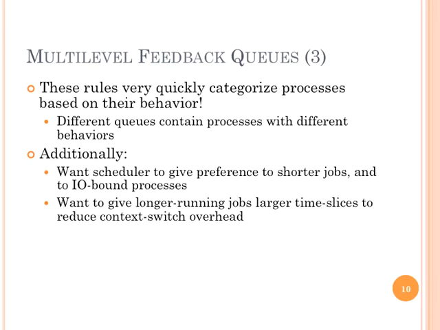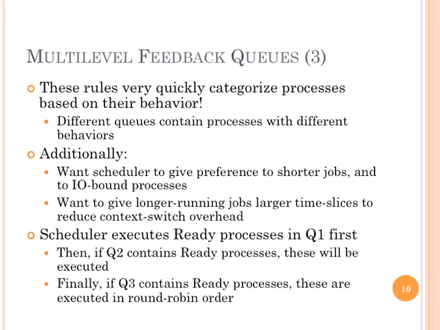So if you ever have a ready process in one of those higher priority queues, it will preempt the process that's in a lower priority queue if it currently has a CPU. And then once we've exhausted them all, we end up with only the processes that want large time slices, and you just give them to them. And so they get long time on the CPU without very many context switches.